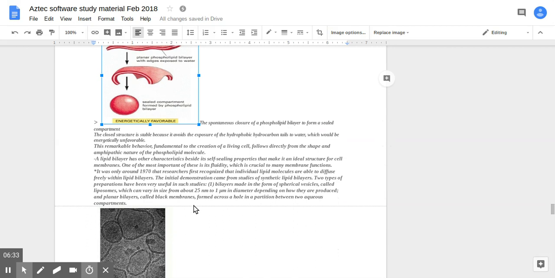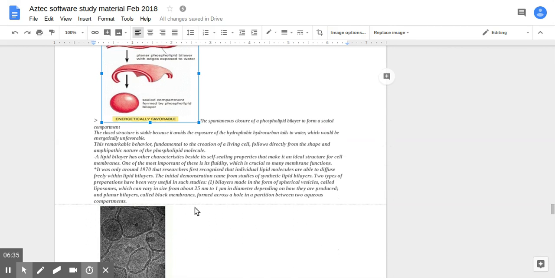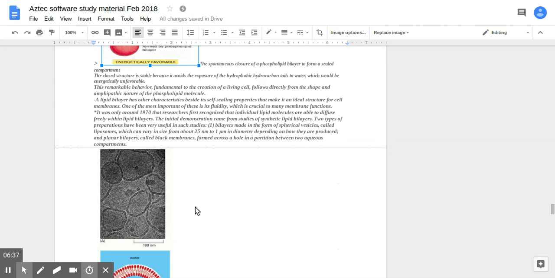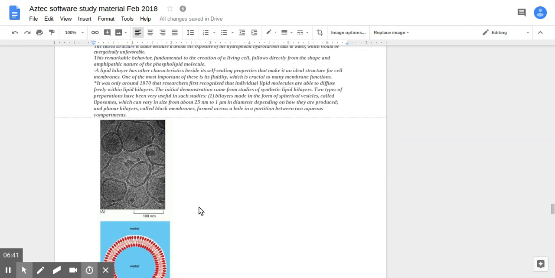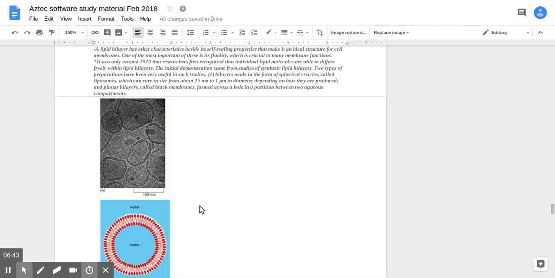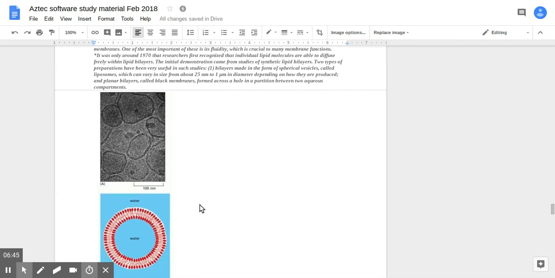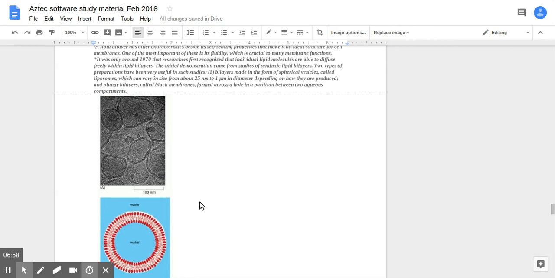One of the most important of these is fluidity, which is crucial to many membrane functions. Around 1970, researchers recognized that individual lipid molecules are able to diffuse freely within lipid bilayers. So various lipid molecules, for example cholesterol, and so on. The initial demonstration came from studies of synthetic lipid bilayers.